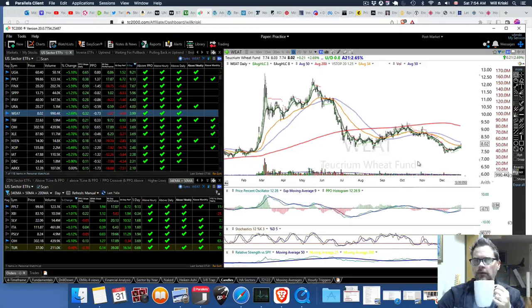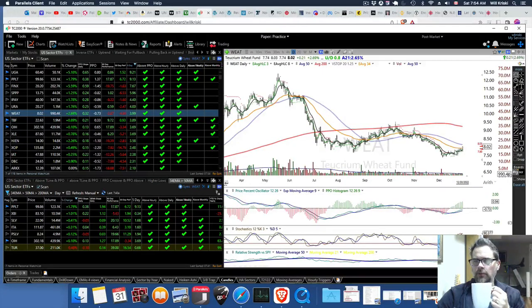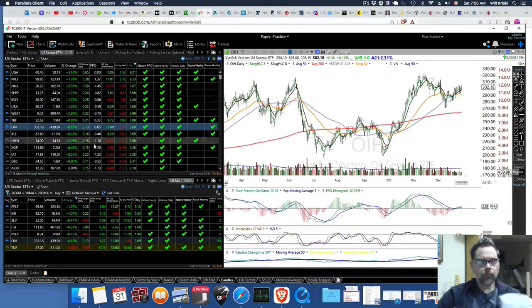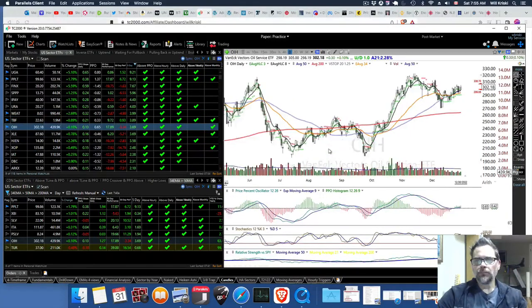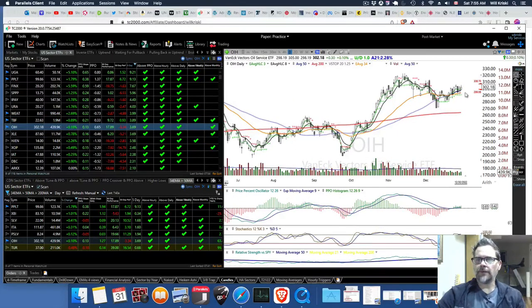Wheat's starting to have this little rise here, crossover here, just about to hit the 50. Oil's coming back, crossed up here. Could have another leg up again. It's got the 50 above the 200, the 34 is not quite above the 50.